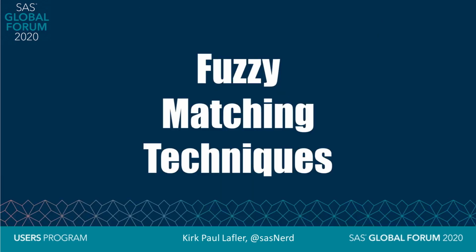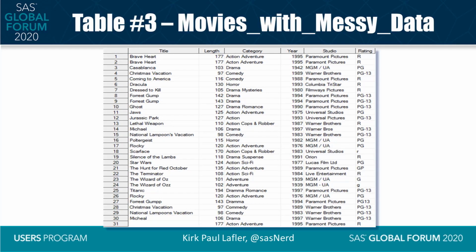We're now going to learn about fuzzy matching techniques using PROC SQL. We have an additional two tables that I'm going to look at and show you in the examples in this section. The movies with messy data consists of 31 rows or observations and 6 columns or variables.